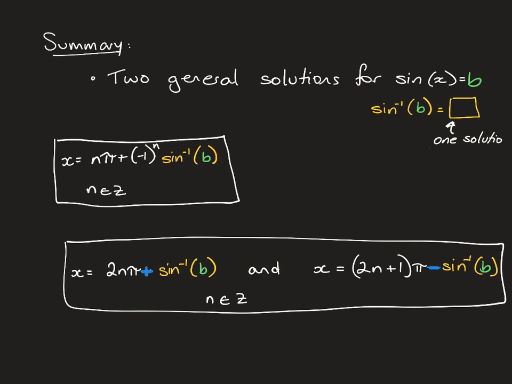So you have the first one that includes the skip counter, and then this second one that includes the two versions of each answer. Just need to remember, if you are working with b as a negative number, that the angle that you get, the one solution that you'll get will be a negative angle.